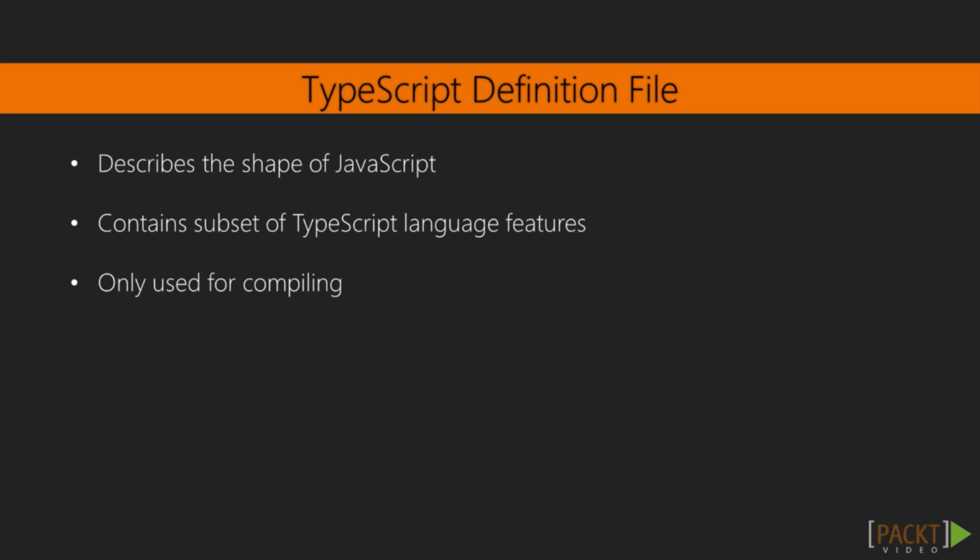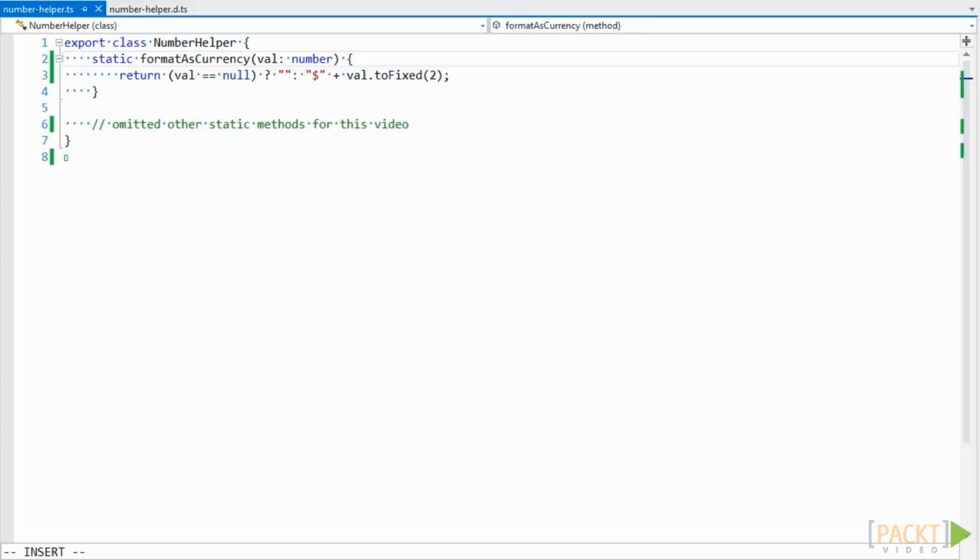Those language features being the only ones concerned with describing the shapes of objects. So because of this, definition files won't be compiled in the final JavaScript, as they are only used in helping compile other TypeScript code. To demonstrate a TypeScript definition file, we're going to work backwards from what we've been discussing and generate definition files from our TypeScript code.